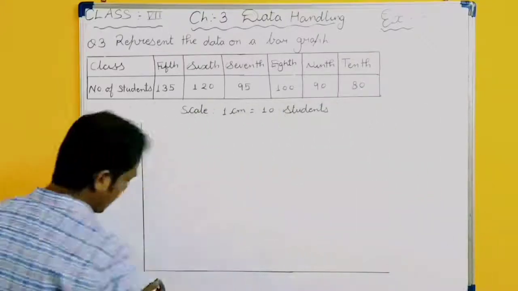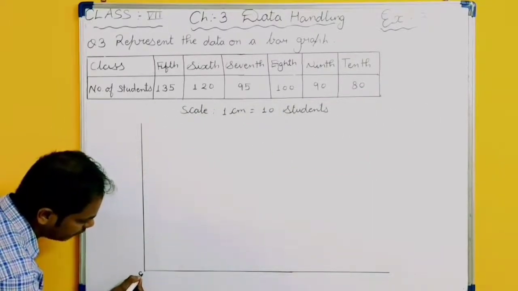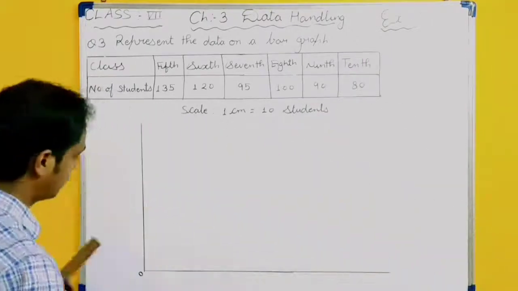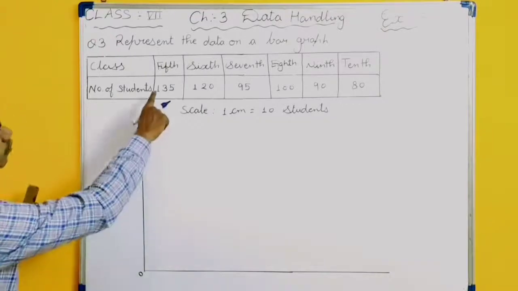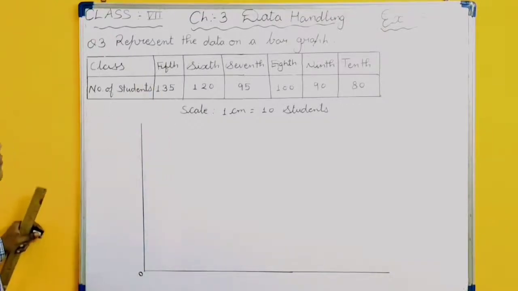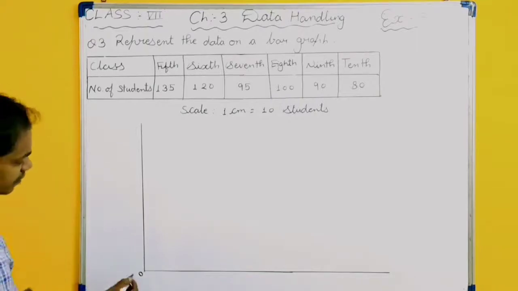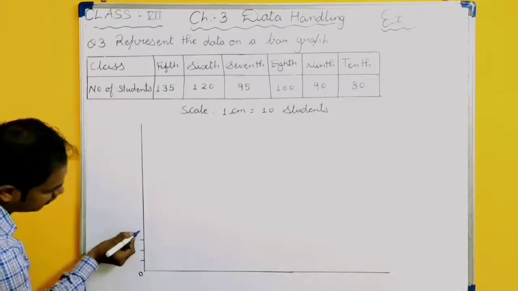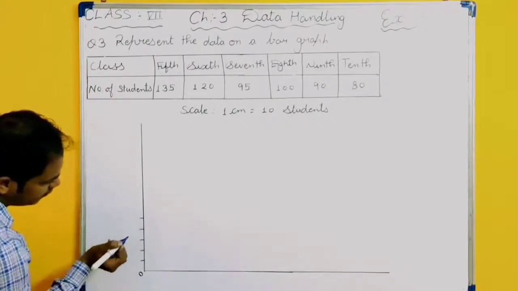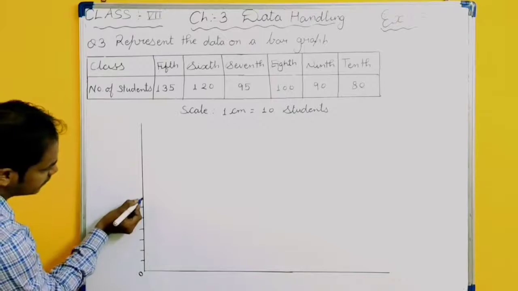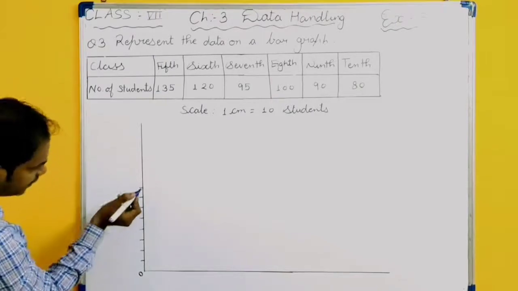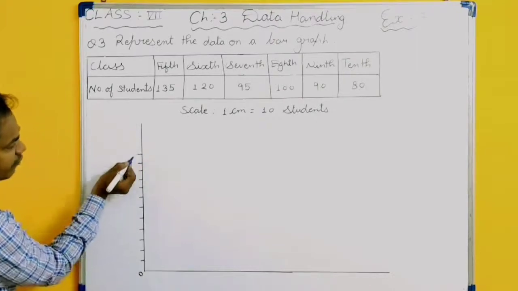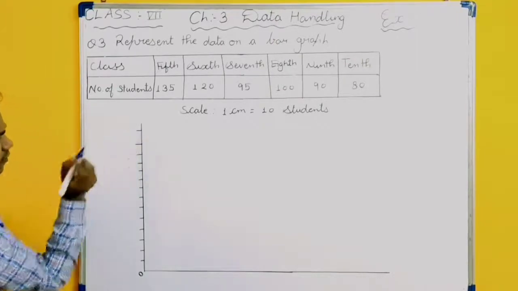This starting point is always 0. I have to draw till 140. So this is 10, 20, 30, 40, 50, 60, 70, 80, 90, 100, 110, 120, 130 and 140.